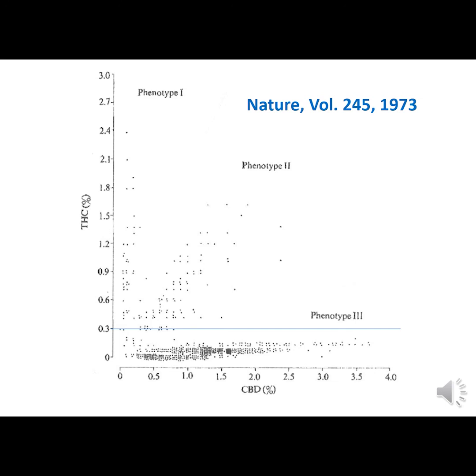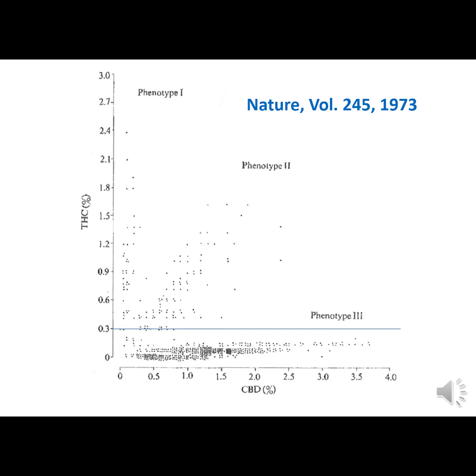And what he decided on and advised was that 0.3% THC seemed like a reasonable concentration to discern whether something is hemp or marijuana. It was considerably above all the data points shown for hemp in terms of THC concentration.